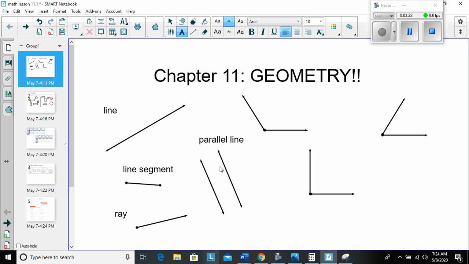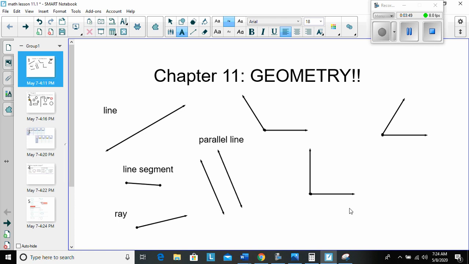All right, there's also something called perpendicular lines, and we see this actually right here, kind of. We can call this a perpendicular line. Perpendicular lines are when you have two lines intersect, and they make a right angle where they intersect. And that's what we have going on here.